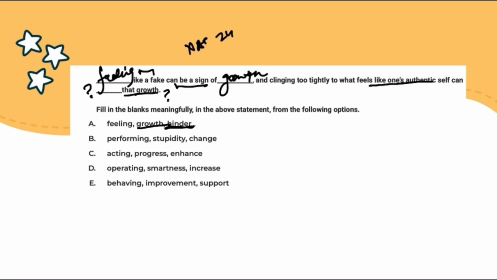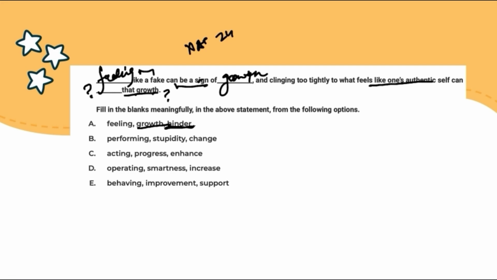So acting like a fake can be a sign of progress. However, this does not logically correlate. Progress and growth could very well be different things, with different connotations, right? So when we compare, option A comes out to be a better option here. If we have growth, why do we go for something which is similar, right? If we have the exact thing, why go for something similar?